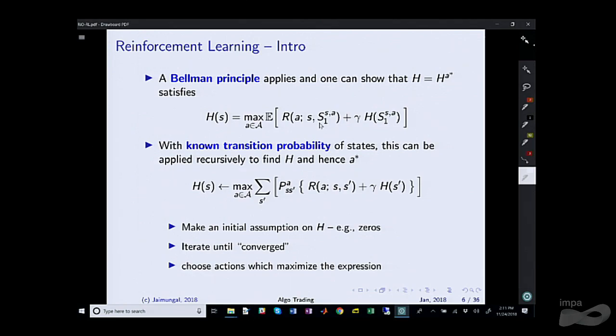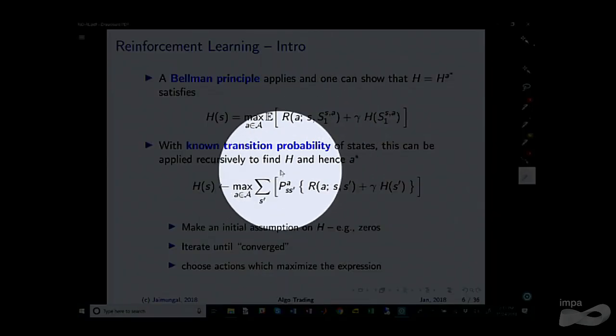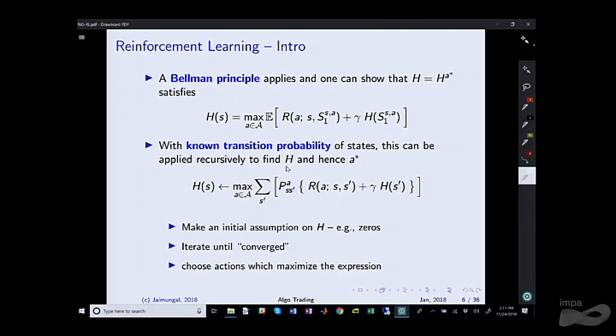If you know the transition probability of the states given an action, then you can simply replace the expectation with a sum over the discrete states, and we're thinking of discrete states here and discrete actions. You have a discrete transition probability matrix there, and how do you solve this thing? How do you solve the Bellman equation? Well, you iteratively do exactly what's in that second equation.